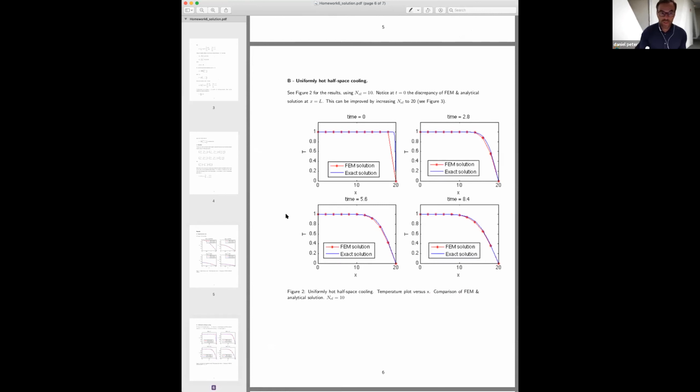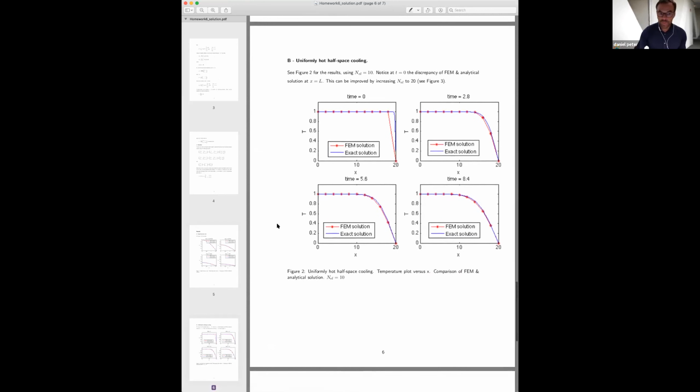Where you can play around with the number of elements, for example. And you see the more elements you add, the more degrees of freedom or unknowns we have, and also the closer the approximation becomes.